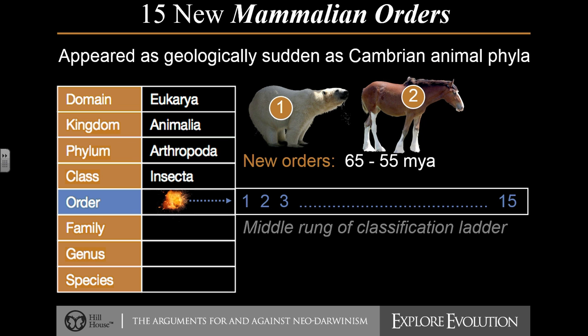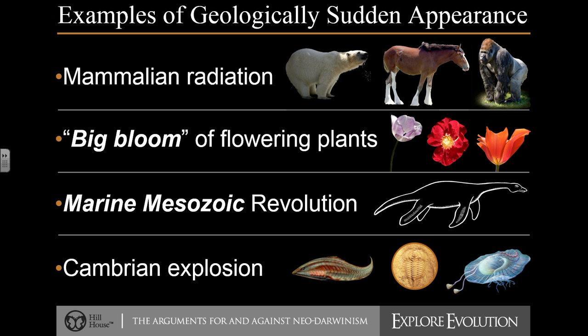And that's not the only case of a sudden appearance. Another case of a sudden appearance occurs later, again over about a 10 million year time span, when we find mammals emerging. So about 15 new mammal orders suddenly appear, again with very few transitional forms to link them back to previous fossils.